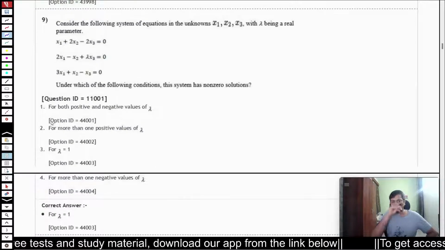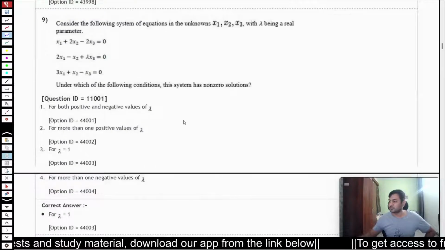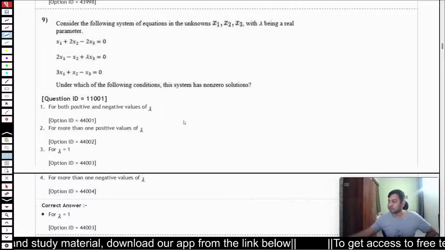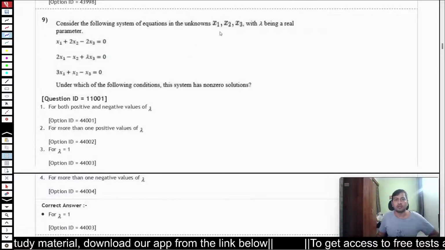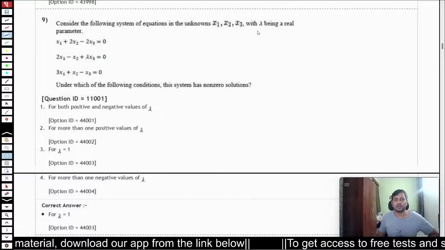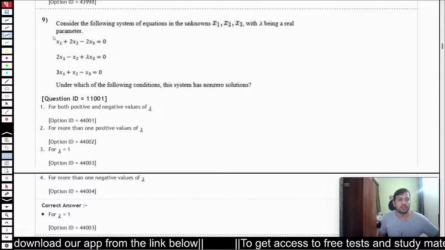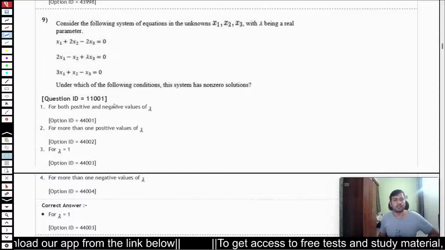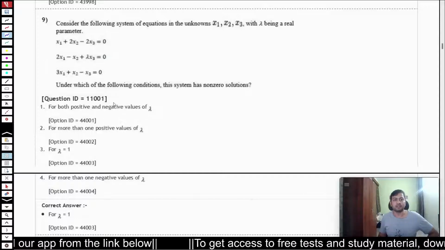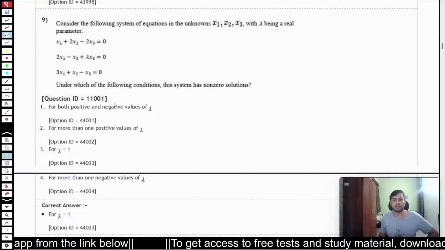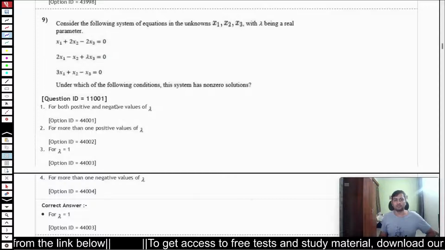Now consider the following system of equations in the unknowns x1, x2, x3 with lambda being a real parameter. So this is my system of equations. Now under which of the following conditions does the system have non-zero solutions?